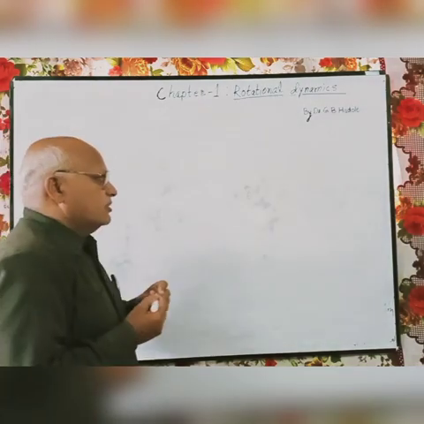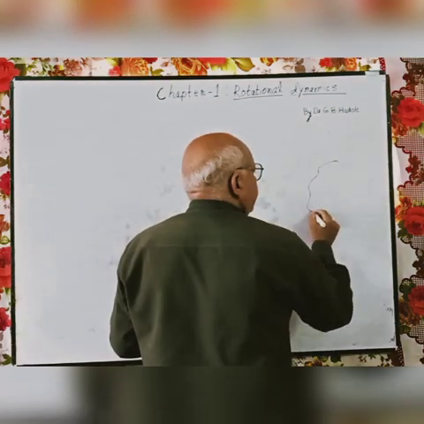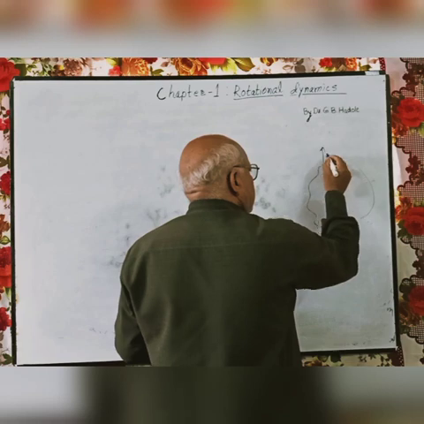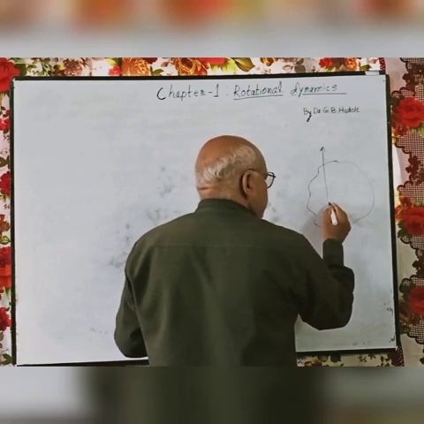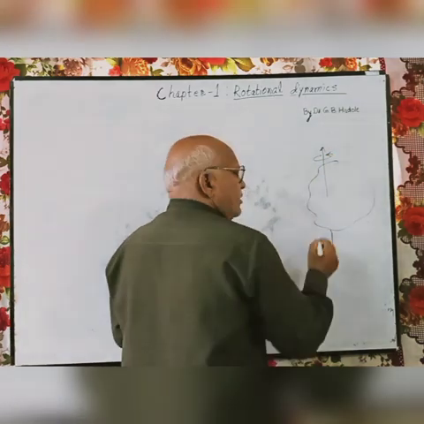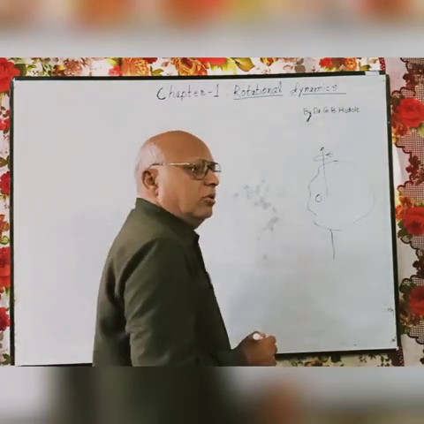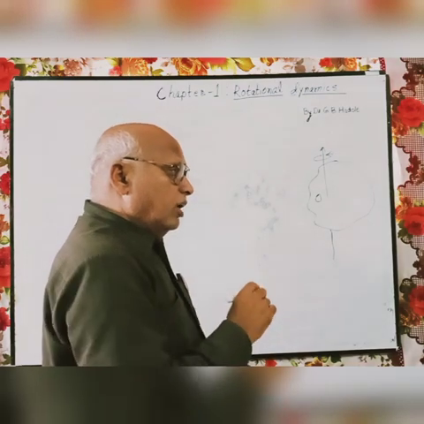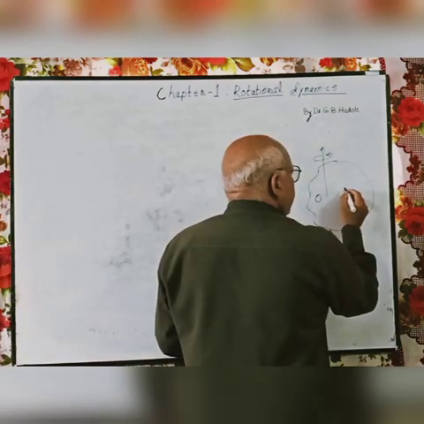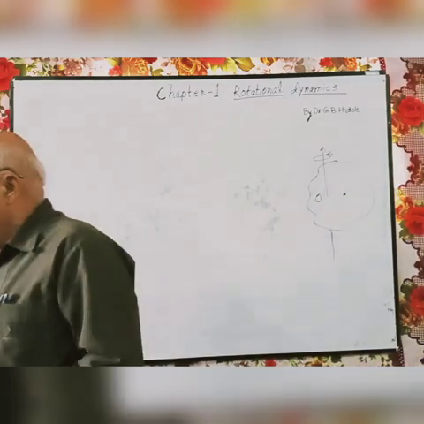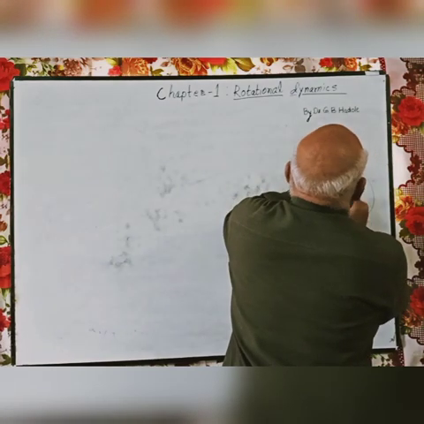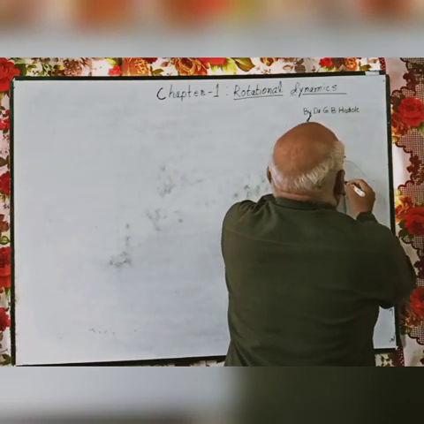See here, suppose this is the rigid body. This rigid body is rotating about this axis. Suppose this is any point O. At the same time, this body has a center of mass, and there is an axis passing through the center of mass.